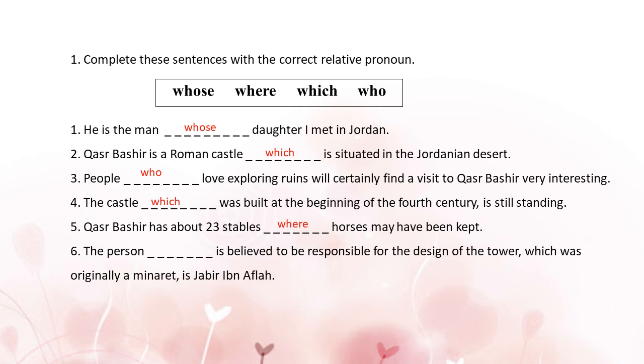If we have nothing, we should choose who. The person who is believed or whose is believed? What do you think? Is believed, we have the verb, so we need a subject, and we have nothing belonging to this person, so the answer should be who. The person who is believed to be responsible for the design is Jabir ibn Aflah.